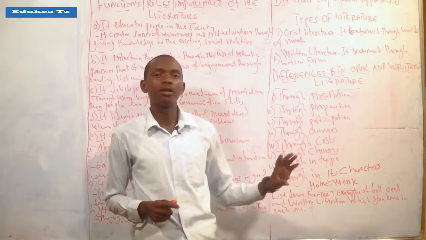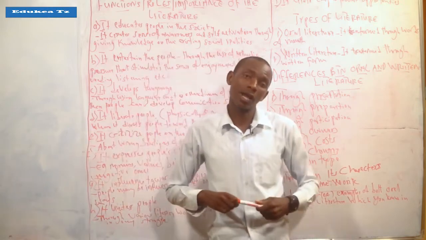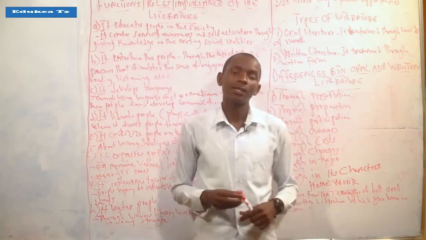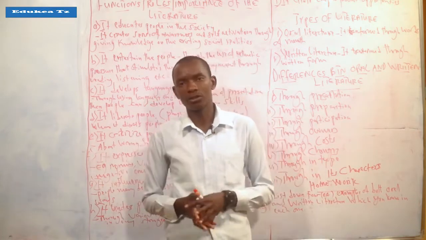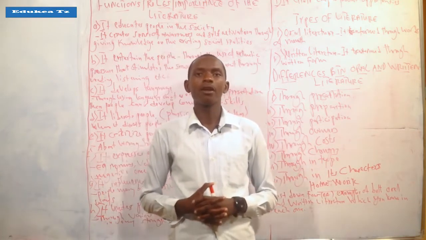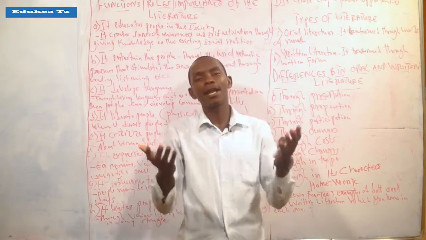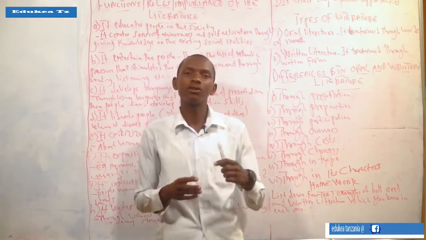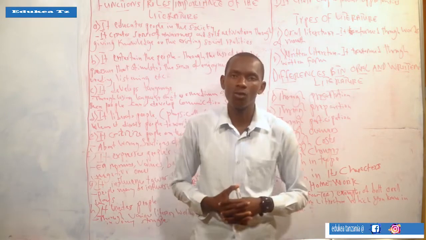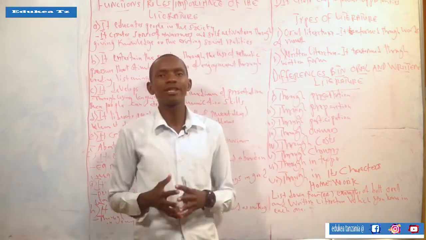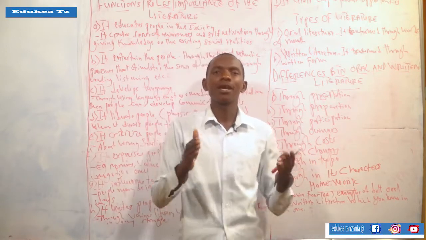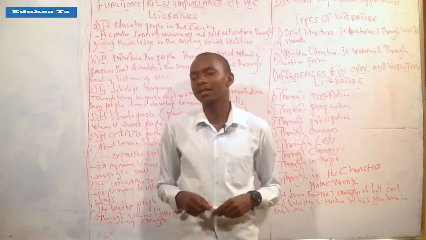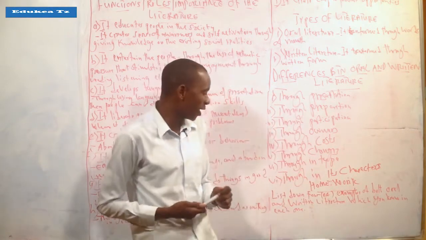That's why in oral literature there are a lot of characters, like animals, and I think you have listened to oral literature which uses characters such as animals, big trees, and stones. So these can be used as characters in the literary work.